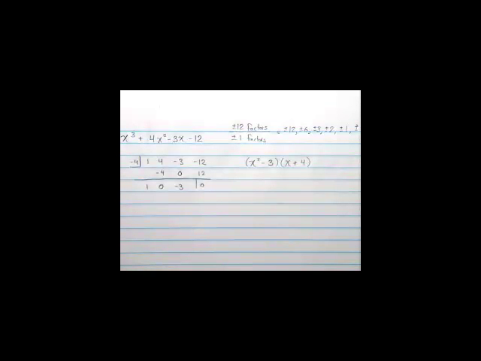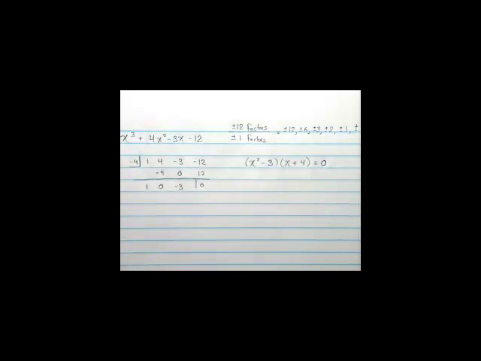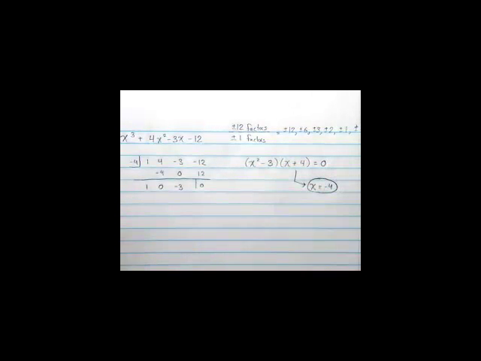So let's take a look at this thing. Because remember, ultimately what we're trying to find are zeros, right? So if this is equal to 0, I know one of the zeros because I found it with synthetic division and it matches the factor. I know from this one, x equals negative 4 is one of my zeros. It's the only rational zero, too. We determined that.